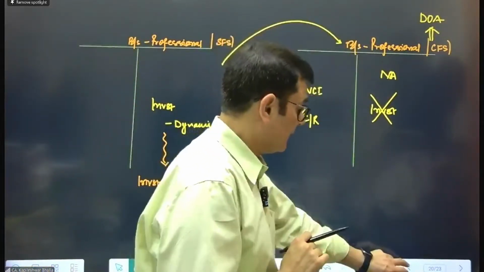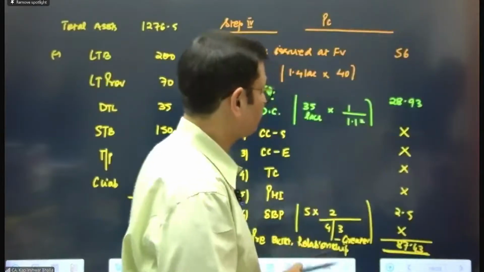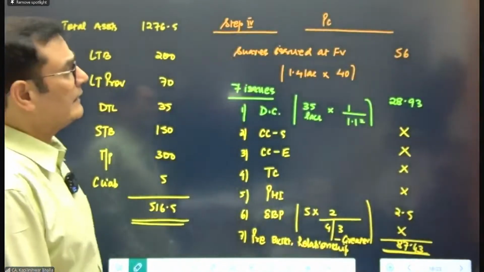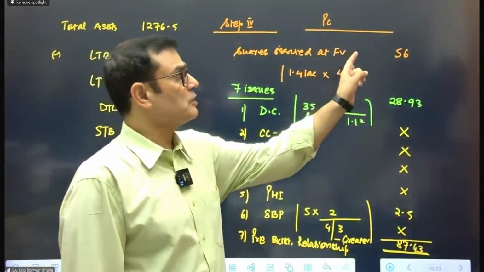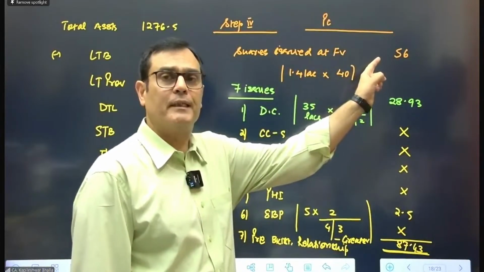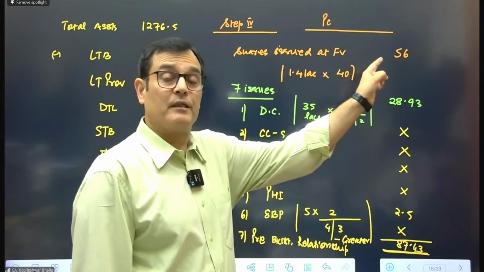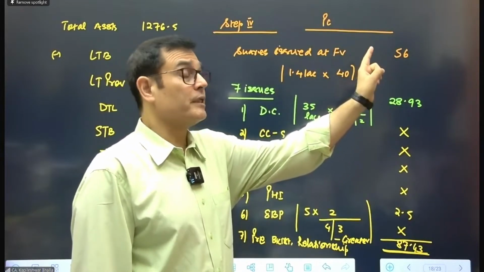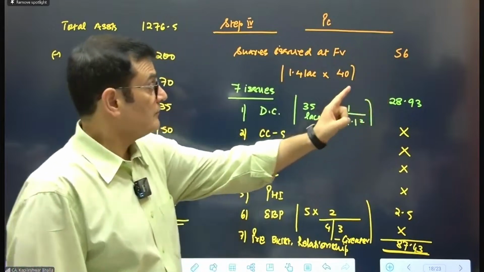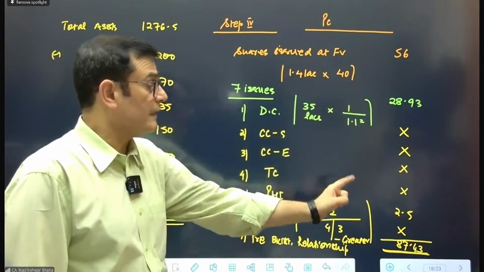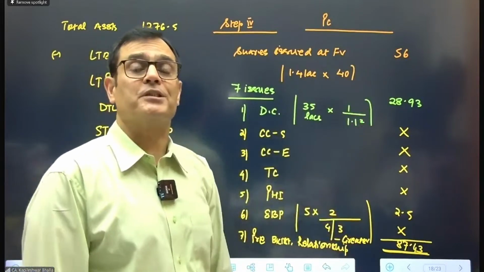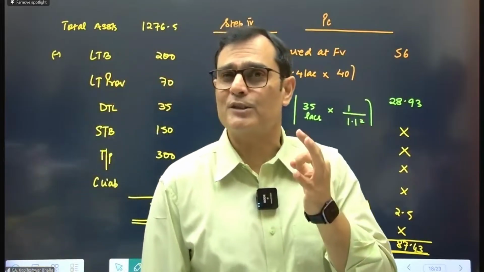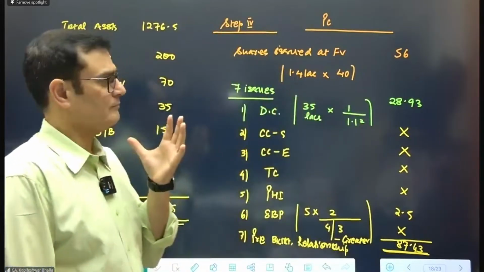Let me go back and illustrate this point to you. The entry for acquisition of investment will be investment gets a debit, share capital gets a credit, share premium gets a credit, DC gets a credit, and you can take SBP reserve gets a credit. Is my thought correct? Correct, sir.